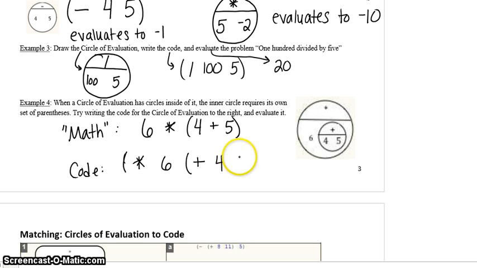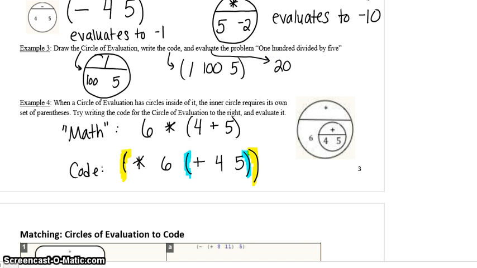First input is 4. Leave a space. Second input is 5. Close the parentheses, and then close the main set of parentheses that were at the beginning of this line of code. So the yellow set of parentheses that I just highlighted go together, and the blue set of parentheses that I just highlighted go together. If you have 2 opening parentheses, you do have to have 2 closing parentheses.